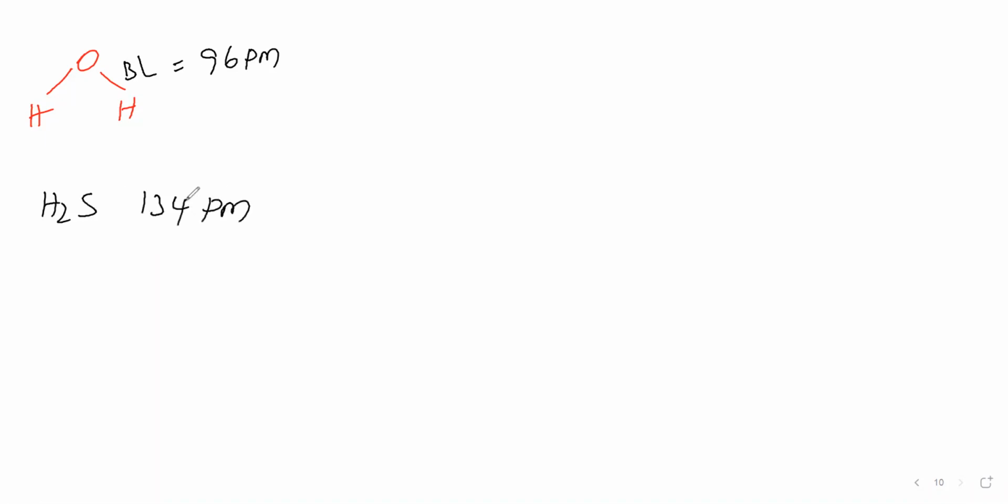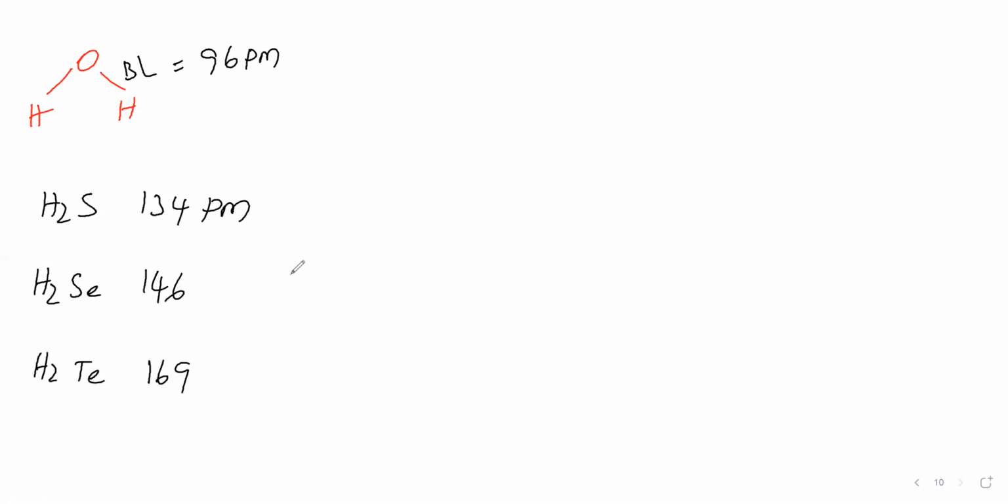Why does it increase? Because the size of sulfur is more than oxygen. H2Se we will take, selenium size is more than sulfur, so bond length is more, 146. Then H2Te, tellurium size is more than selenium, therefore bond length increases, that is 169.